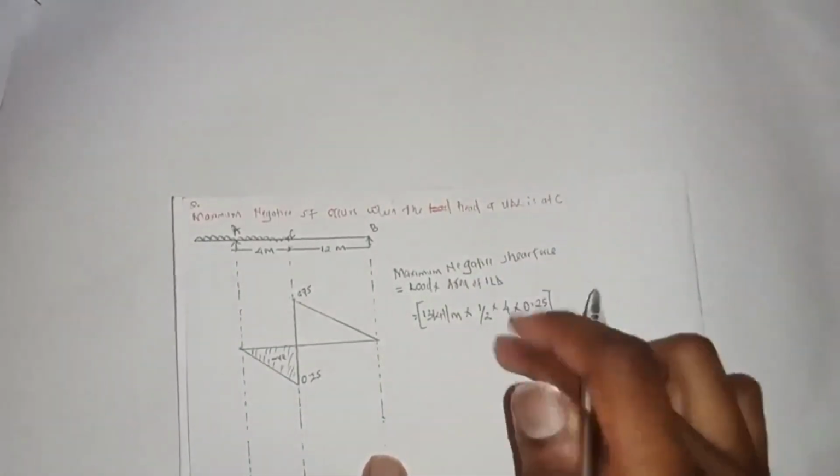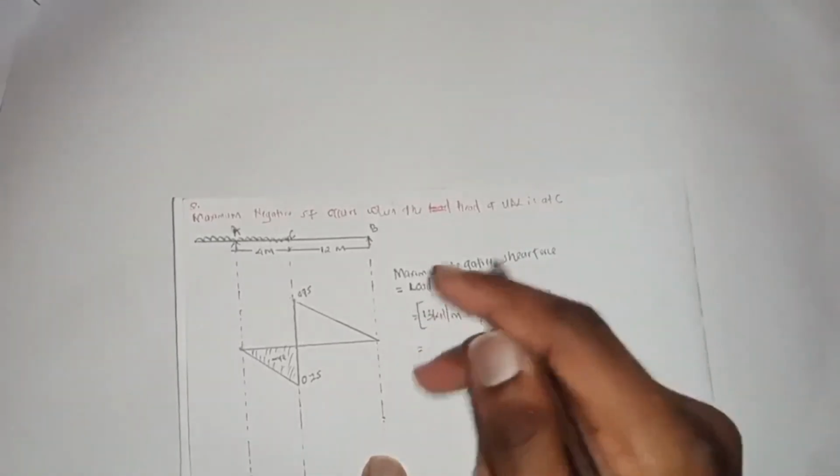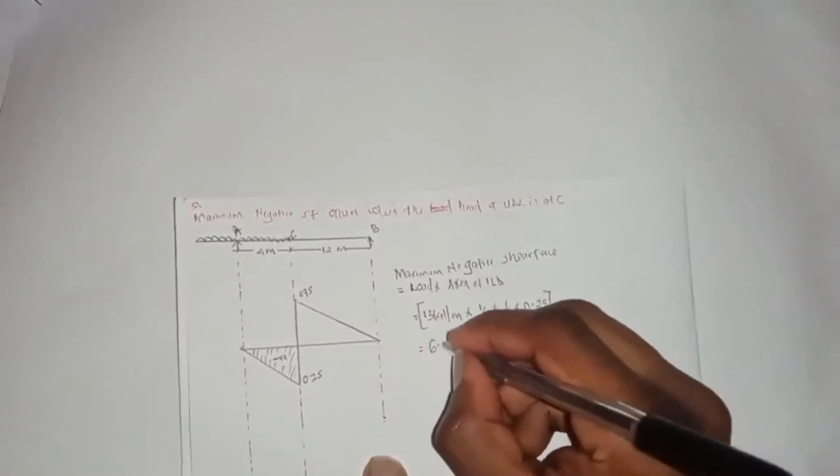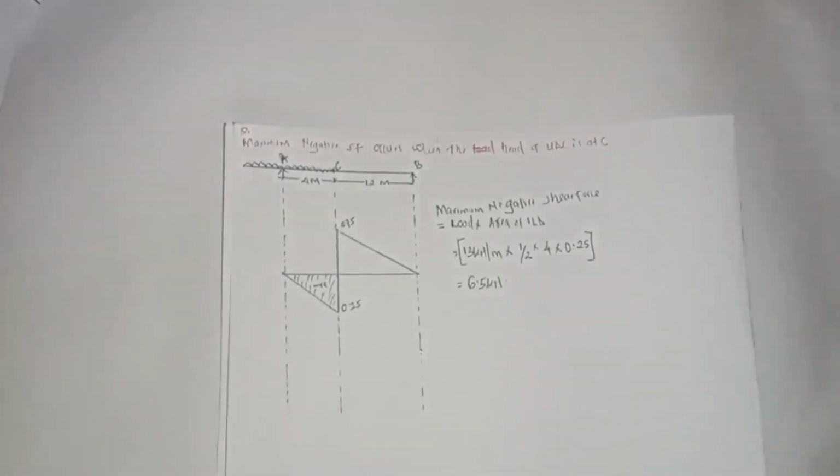When you calculate all of this, our maximum negative shear force is going to be 6.5 kilonewton. And this is the maximum negative shear force at this specific point.